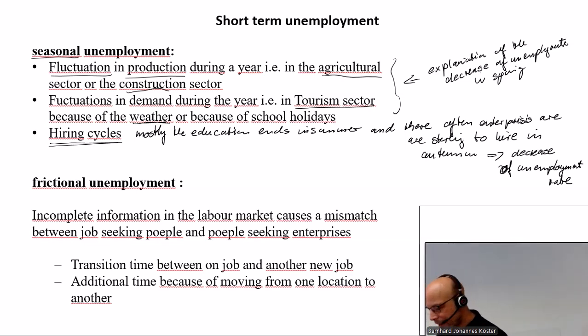Okay, and then we have another short-term unemployment.